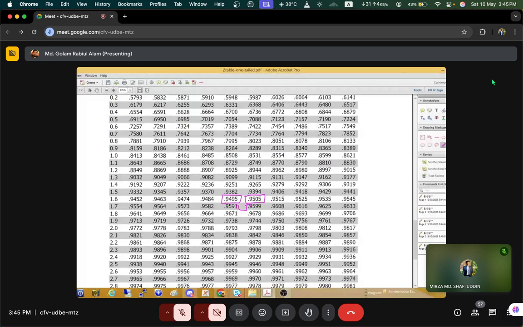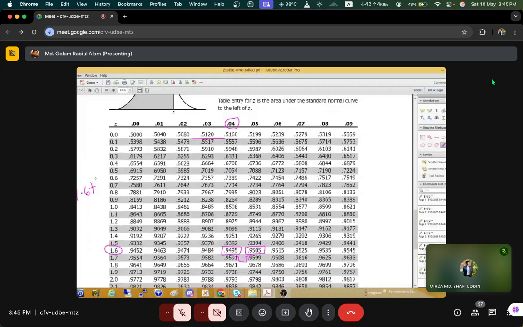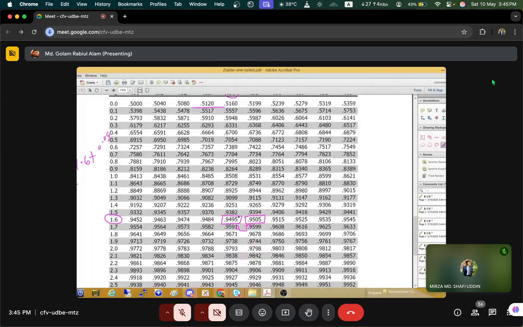0.9495 and 0.9505, between these two values. So there is 1.6 plus 0.04 plus something. We have to add something, because maybe we will get 0.95 at this point.